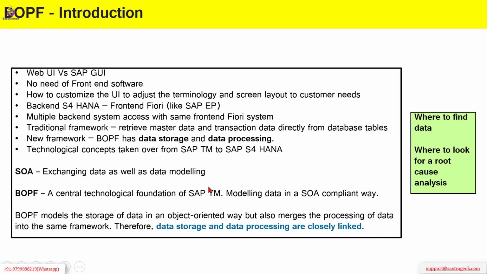So our application SAP TM is based on this technological foundation, adopting a service-oriented architecture where the data storage and data processing happen in different functional components. So that is the background: modeling data in a service-oriented architecture way. This is the backdrop actually, right?